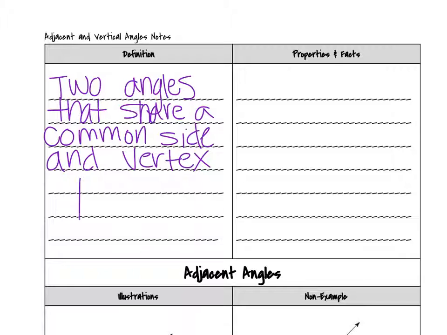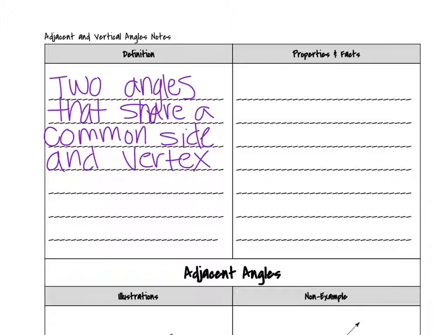So what that means is a vertex is where two lines meet, so right there in the middle. So if you look, this would be one angle, and its adjacent one would be the one that shares this side in the middle, and they meet at the same point. That's just what that means.